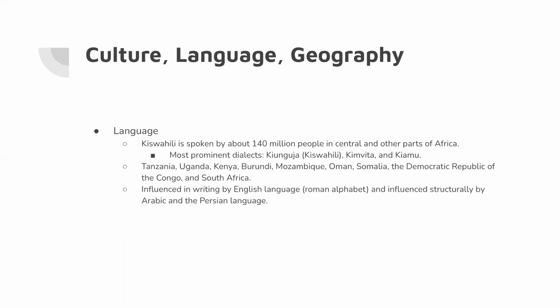This language is spoken in a lot of countries such as Uganda, Kenya, etc. It's listed there for you to read. And one thing to know about the language is that its written system is in the Roman alphabet, but originally, before colonization, the language was written in Arabic script.